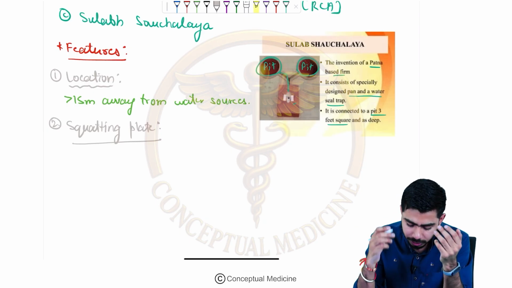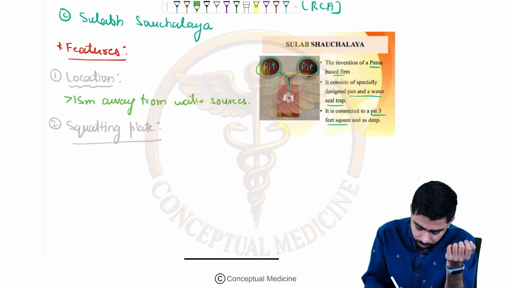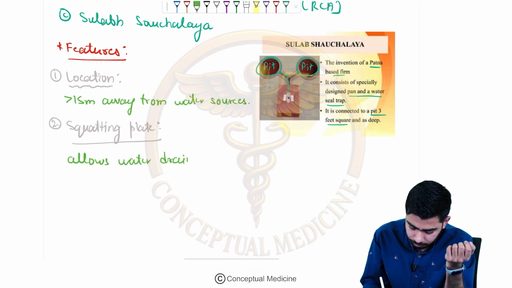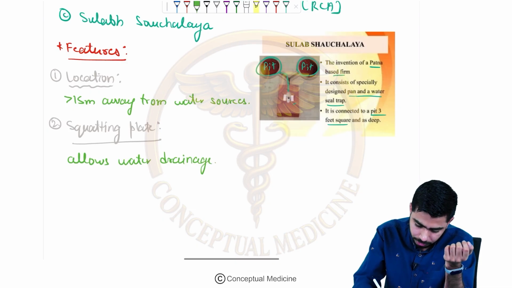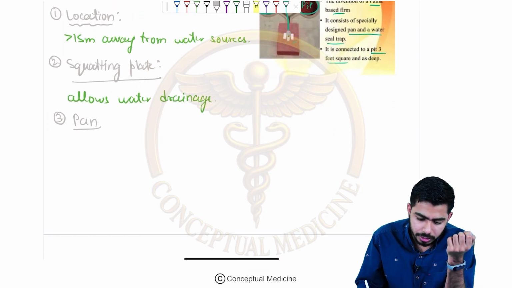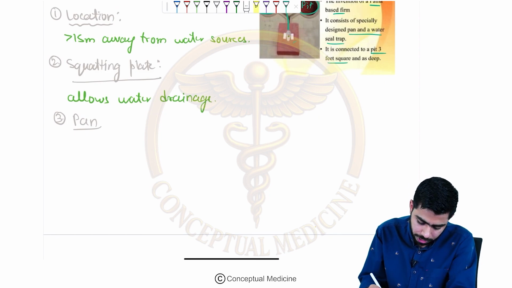The third component is the pan. It receives the night soil, or the urine or the water.